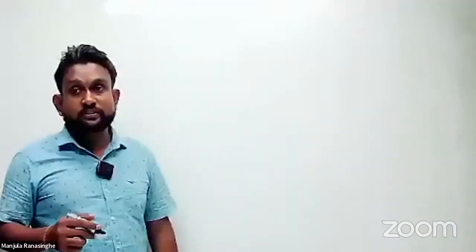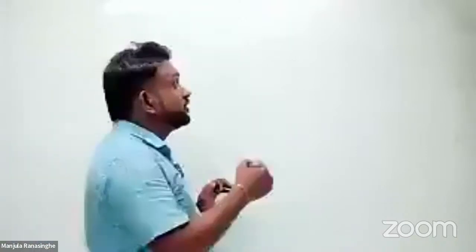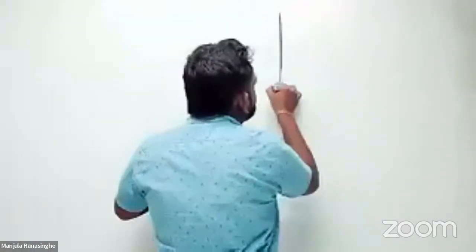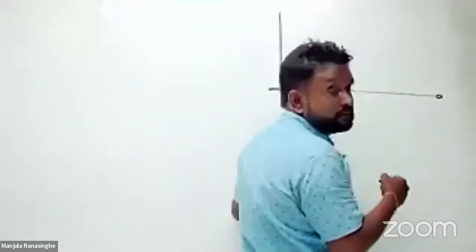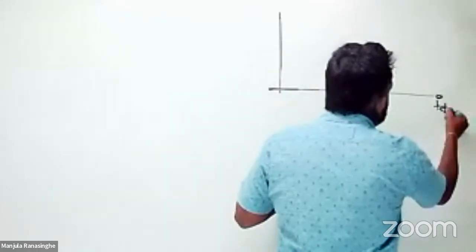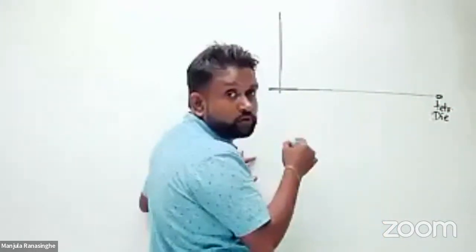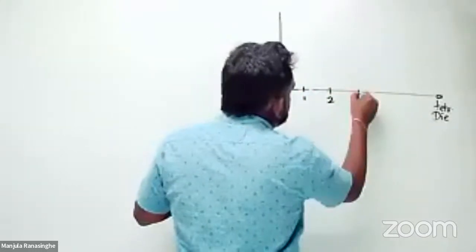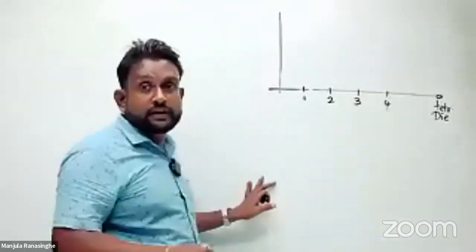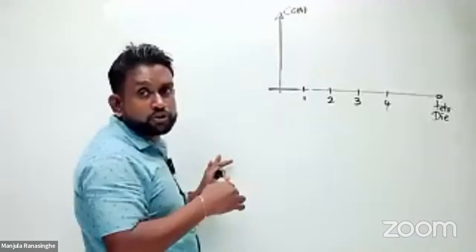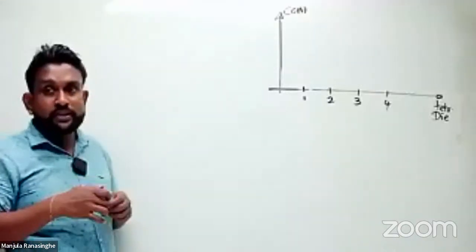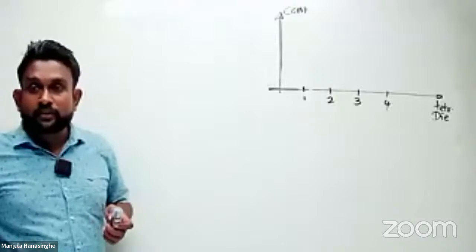An unbiased regular tetrahedral die which is numbered from 1 to 4 and an unbiased coin are tossed together. So here on the tetrahedral die we have numbers 1, 2, 3, 4, and there is the coin, which should have head and tail.